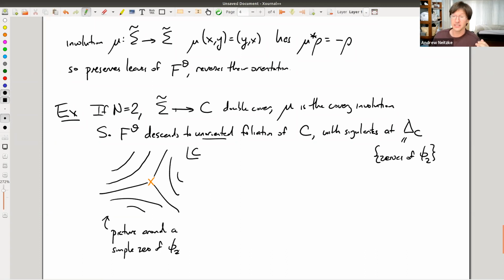Well, to be exact, that's all you have if phi was holomorphic. Now, the case that we typically want is actually the case where phi is meromorphic. And so we should say what happens around the poles.